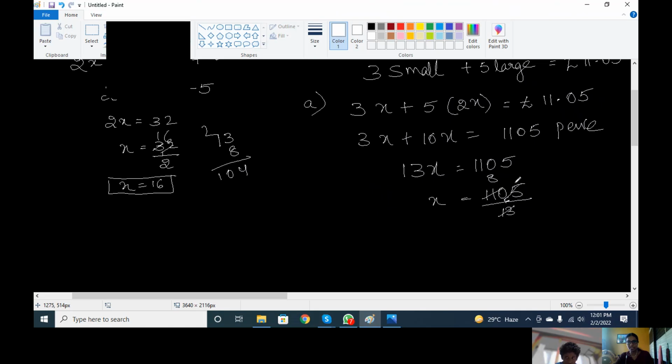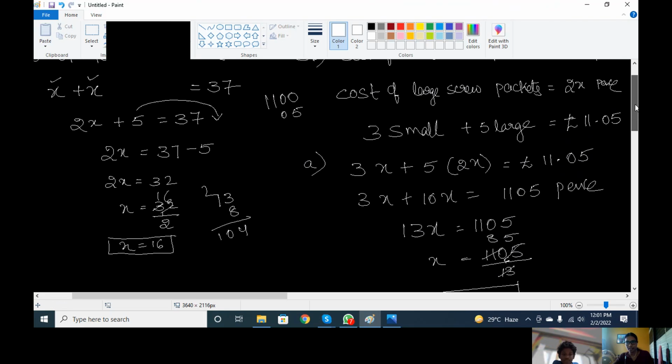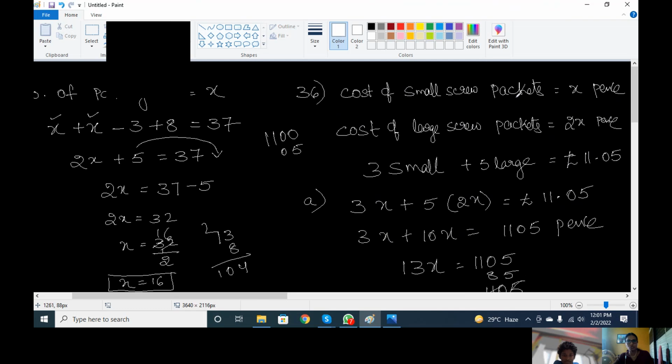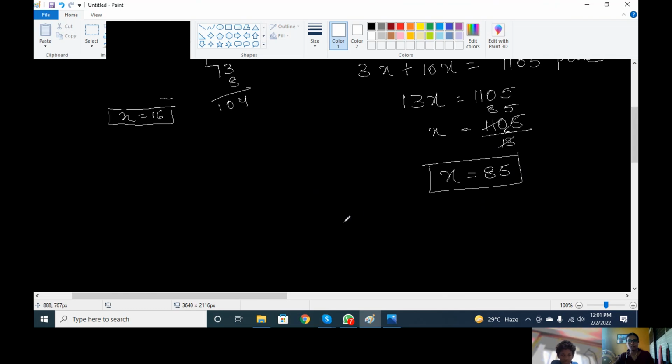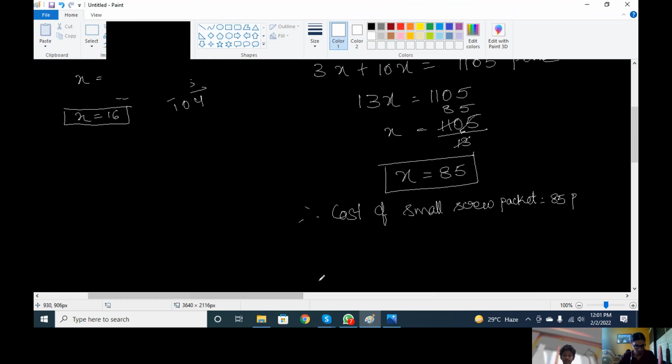So 5 times 13 is 65. Okay, so x is equal to 85. What is the x we have taken above? X is nothing but the cost of small screw packets. Therefore, the cost of a small screw packet is equal to 85 pence. This is what they asked.